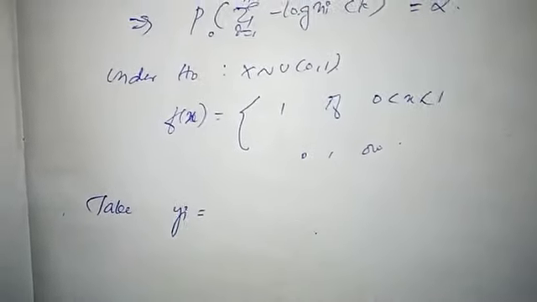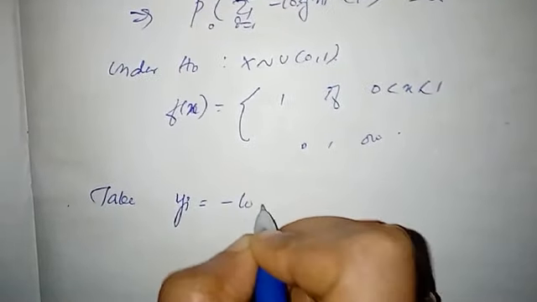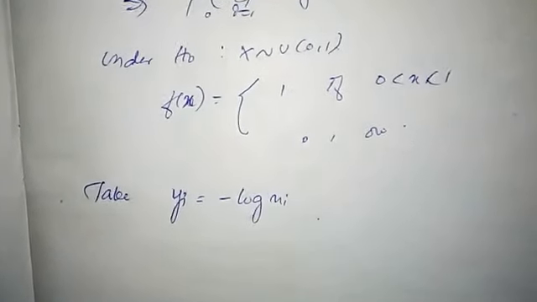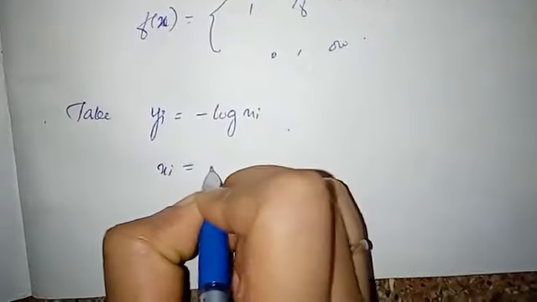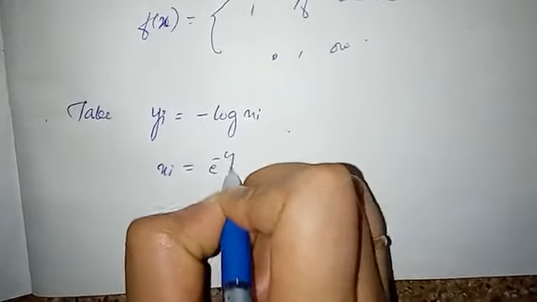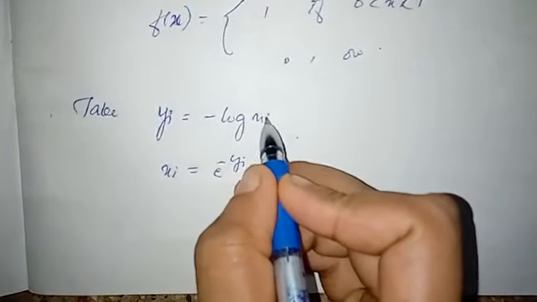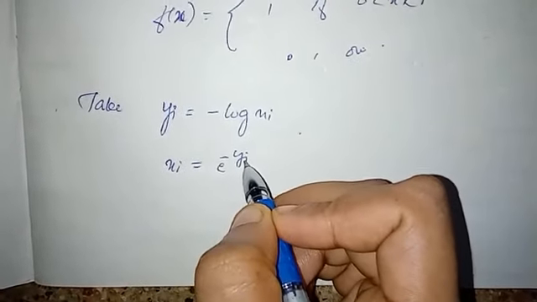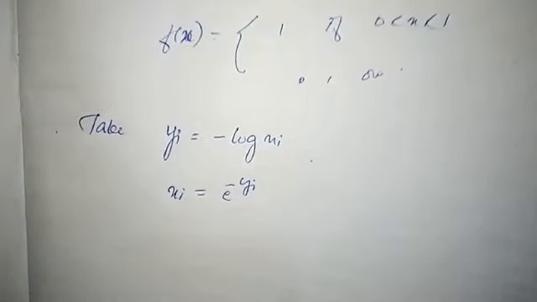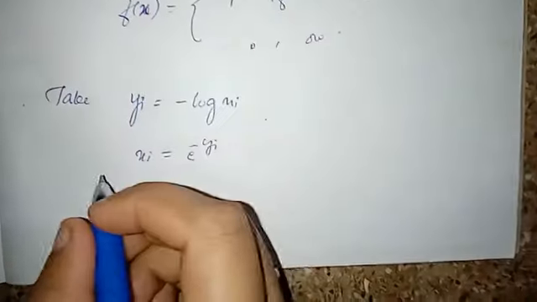Let yi equal to minus log xi. Then what is xi? Y equal to minus log xi, then xi equal to e power minus yi. Then how to write the density of y here?